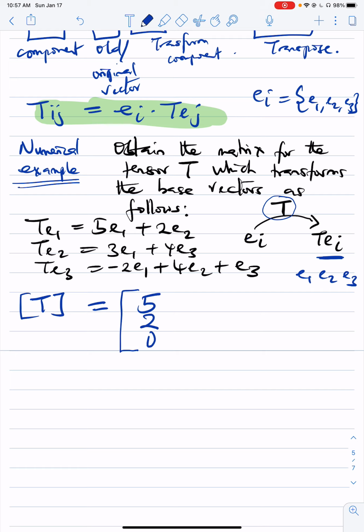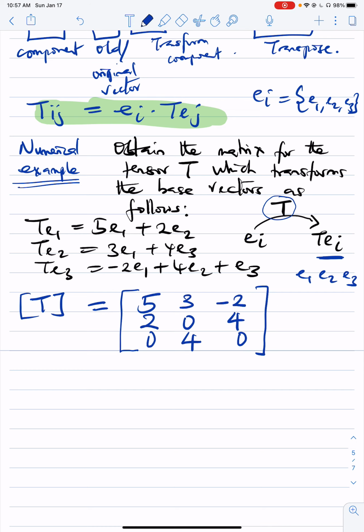For the second column, for TE2, E1 is 3, for E2 there's no entry, 0, because there's no E2 term here, then for E3 we have 4. For TE3, we have minus 2, 4, and 0.